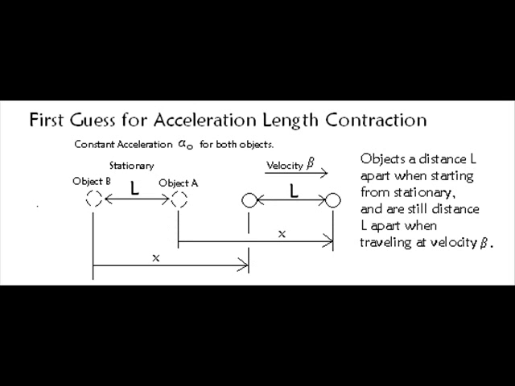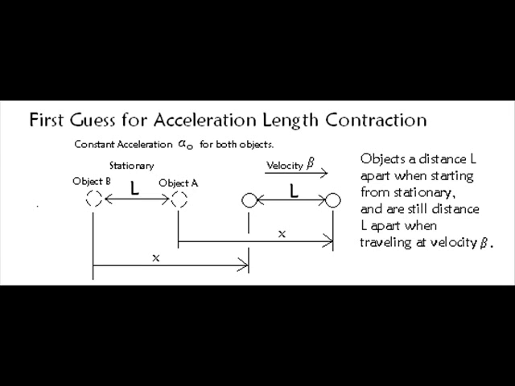In order to model acceleration length contraction, we will first need to guess how this length contraction occurs. The first guess will be the most obvious, where object A and object B both accelerate with constant acceleration alpha 0 simultaneously. So a stationary observer watching this acceleration would see what the illustration shows.